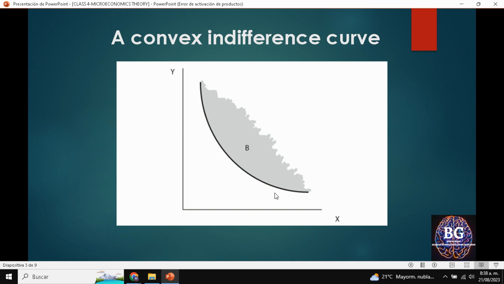Diminishing MRS implies that B is a convex set. The figure below shows a convex indifference curve. Note that set B, part of which is shaded, is a convex set. Try taking any 2 points in B and making a convex combination. You will find that the combinations are always inside B.